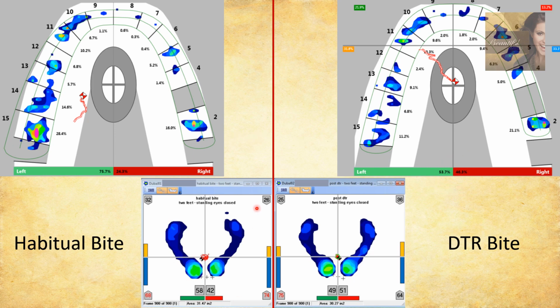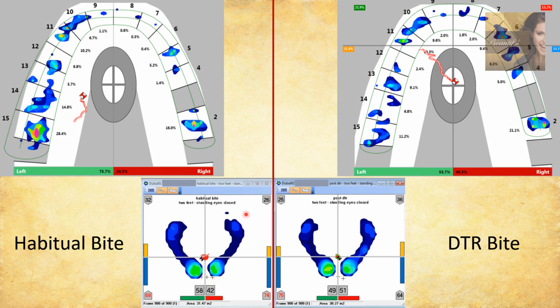And so the other thing that I'm showing down here is MAT scan. It's the same technology, same company, different application. Instead of it being a bite, you're standing on it with your feet. You take your shoes off, and you can see that 58% of total foot balance is on the left foot, okay?